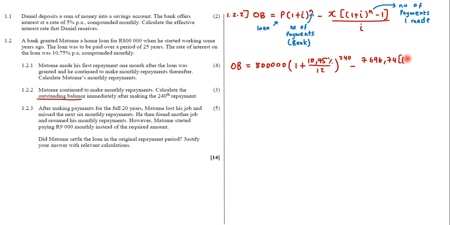And then here I'm going to squeeze in 10.75% over 12, into 240 minus 1. All right, so this is 240, okay? And then over 10.75%, of course, over 12.